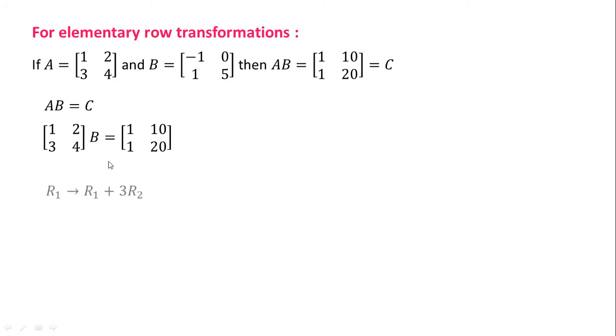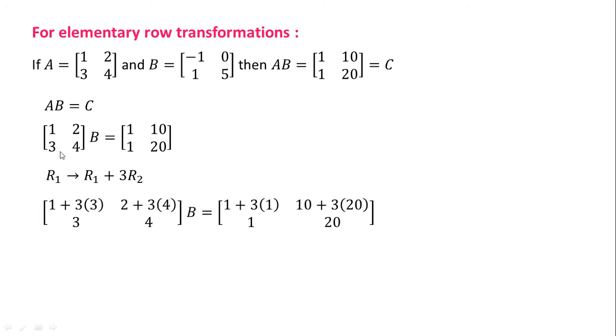Now if you apply a row transformation here, then R1 changes to R1 plus 3R2. You can change any row, any column; here we are using an elementary row transformation. So suppose I select that R1 changes to R1 plus 3R2 like this.